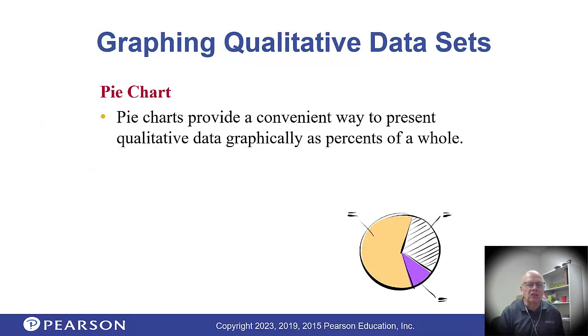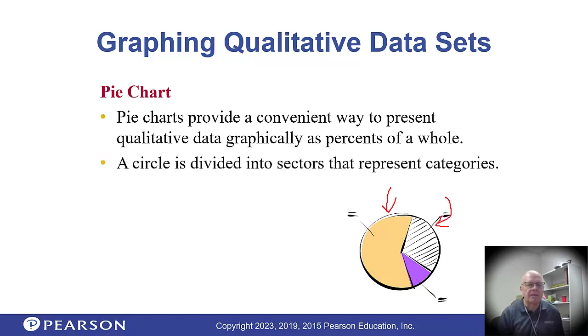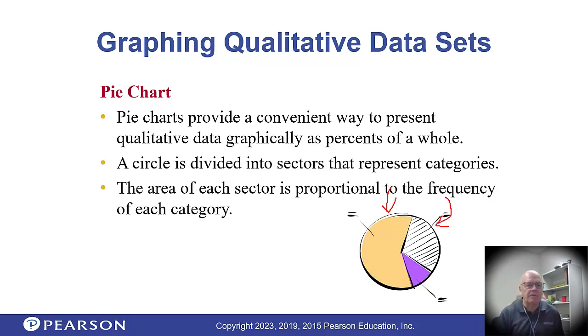Next, the pie chart. You're familiar with those. It gives you a way of representing each of these parts as percentages. You divide the circle into sectors that represent categories. This is good for categorical or qualitative data.